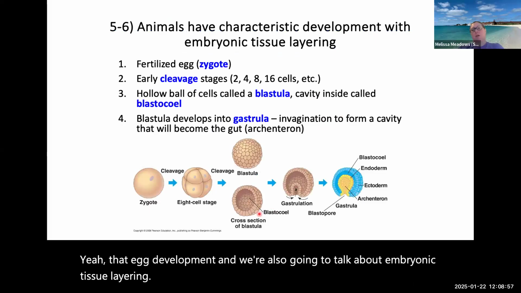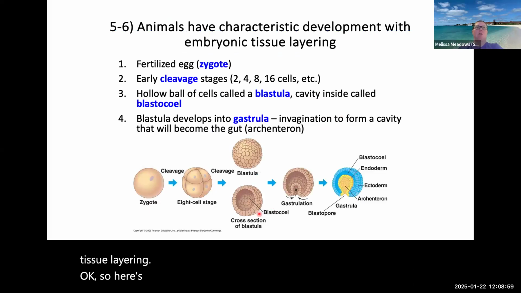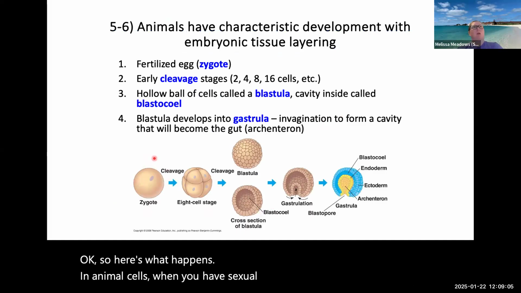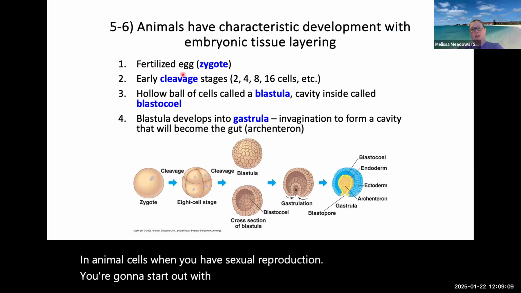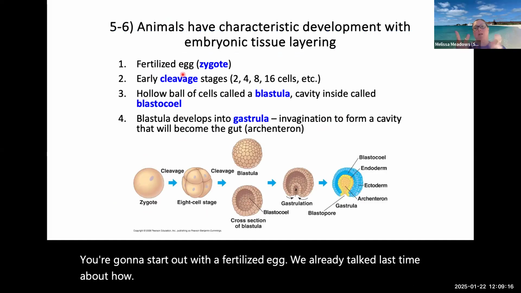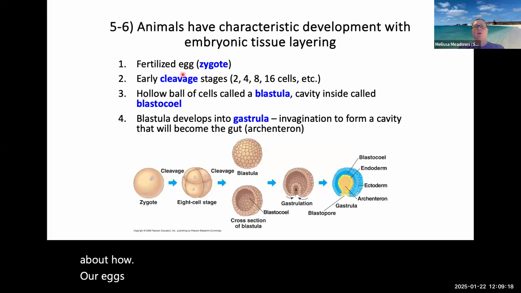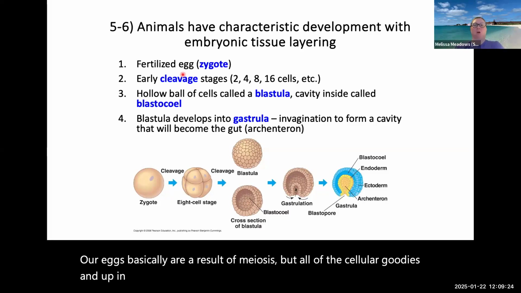Okay, so here's what happens in animal cells when you have sexual reproduction. You're gonna start out with a fertilized egg. We already talked last time about how our eggs basically are a result of meiosis, but all of the cellular goodies end up in one of those products.